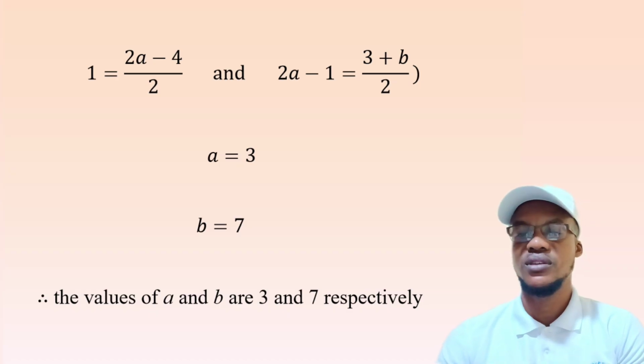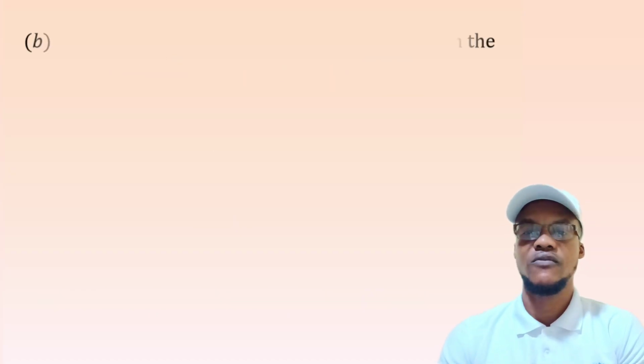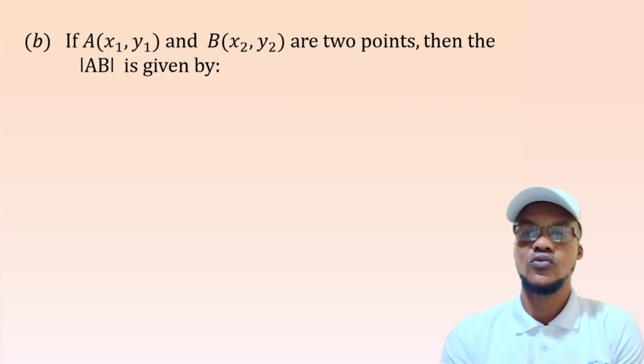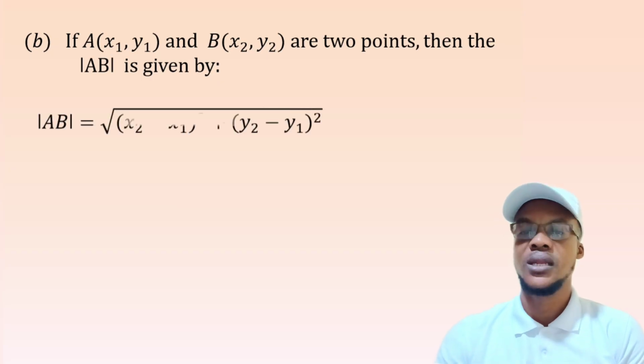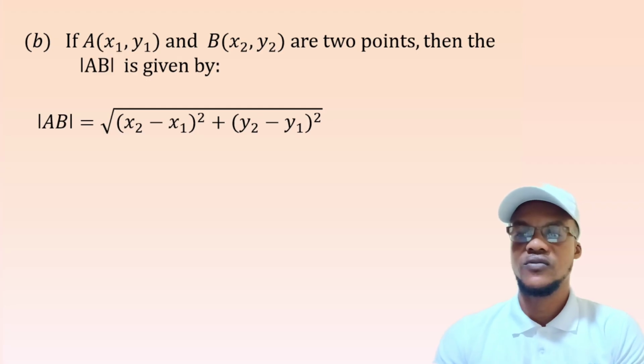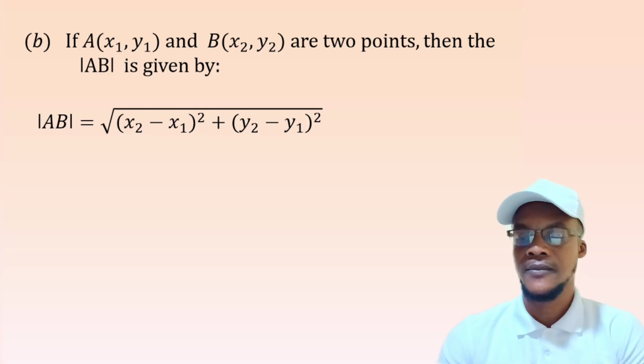Now let's look at the b part. For the b part, we are saying that if we still have these 2 points, then what will be the length of these 2 points? It is given by the square root of x2 minus x1 all squared plus y2 minus y1 all squared. The question asks us to find the length of yz.